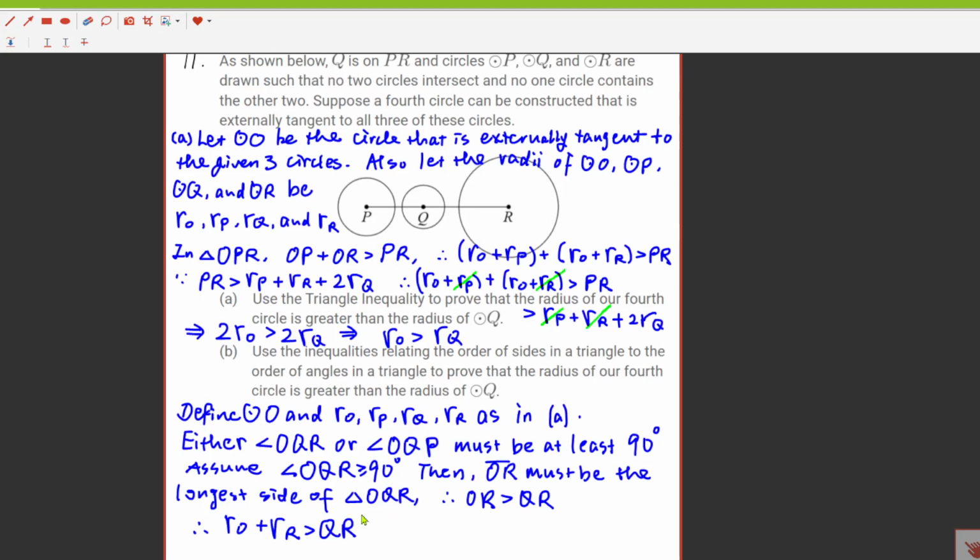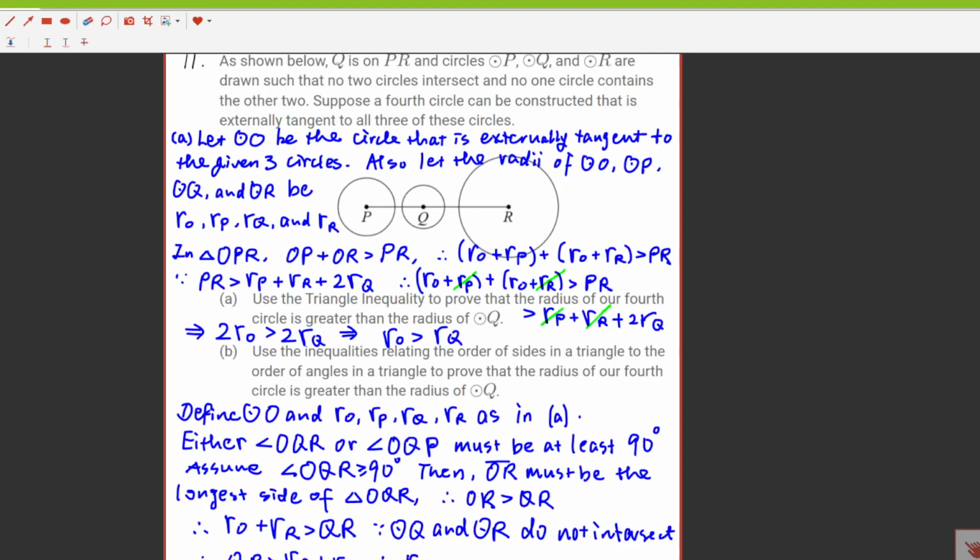And since circles Q and R don't intersect, we then have QR must be greater than rQ plus rR, right?